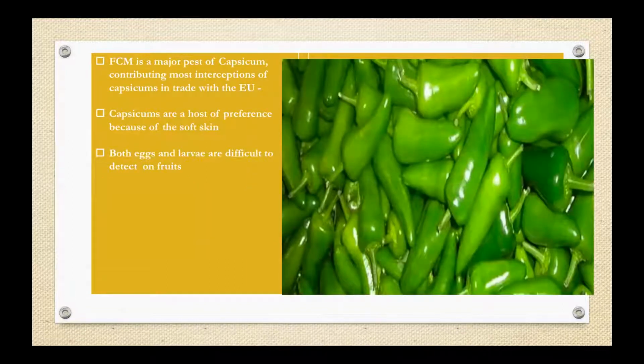So I did mention already that it's a major pest of capsicum and it's a host of preference. The reason being that capsicum fruits have a very soft skin. Normally at the level of the NPPO, it's very difficult to detect that this pest is present on the consignment that is going out for export.